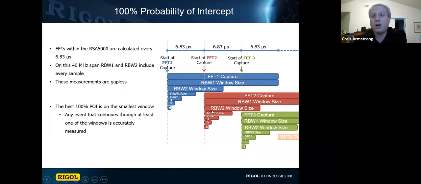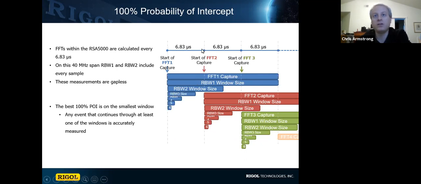And so here are each window of the FFT capture for different RBW sizes, right? You can see as the RBW gets higher, we focus on a shorter period of time, and that allows us to make better accuracy measurements, but also leaves us with gaps.